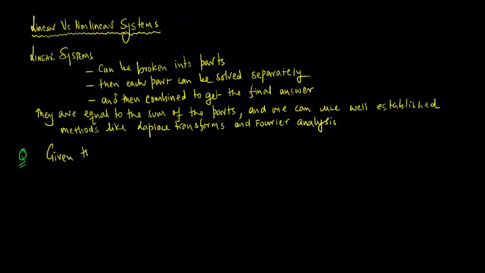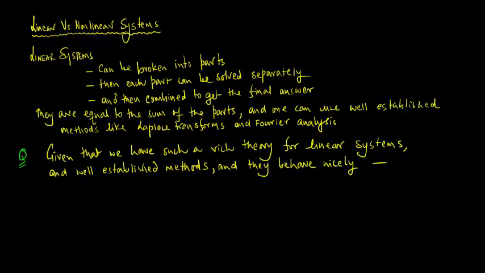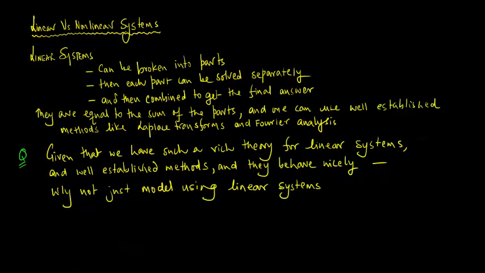So a natural question to ask is, given that we have such a rich theory for linear systems and very well established methods, and they behave nicely, then why not just model using linear systems? The answer is as follows.